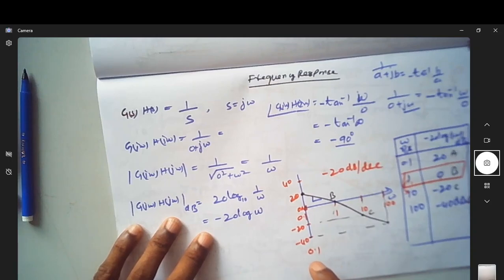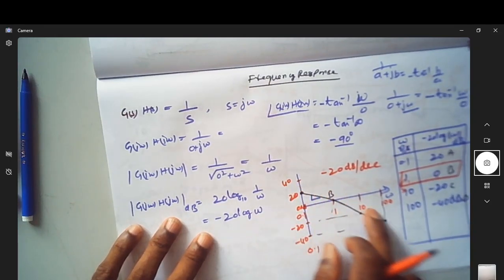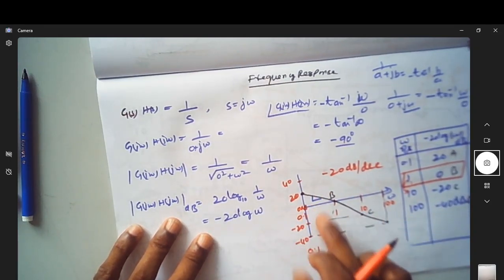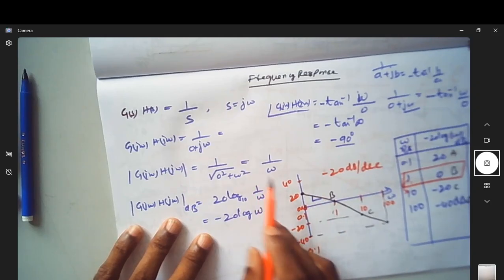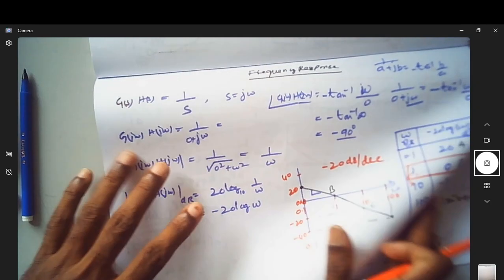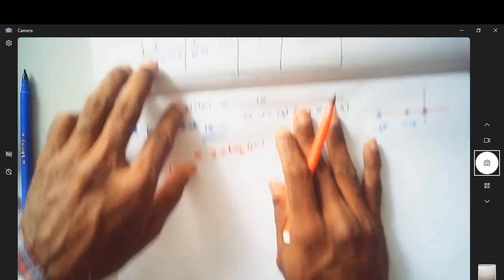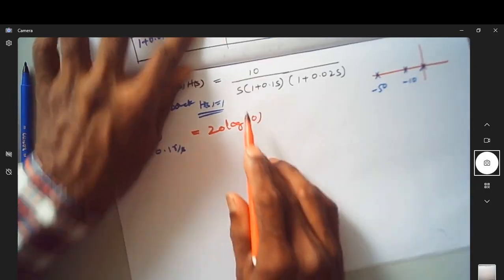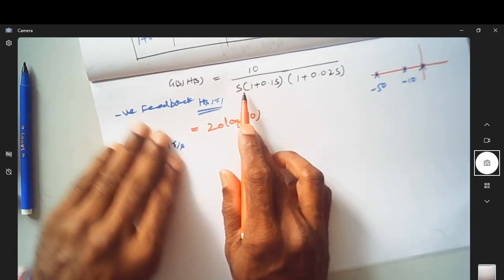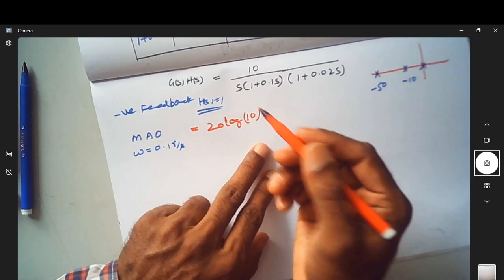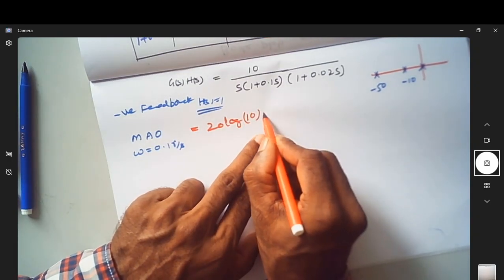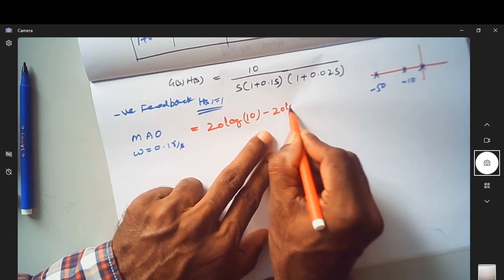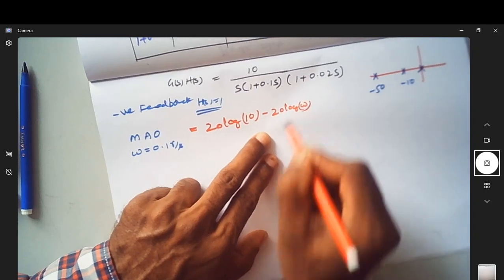At different frequencies it has its own contribution. So we need the contribution of the 1 over S term at omega equal to 0.1. It will be minus 20 log of omega.